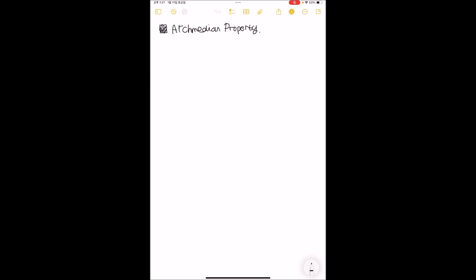Okay, the next part is the Archimedean property. We'll recall what the Archimedean property, so-called AP, is. That is one of the most important properties in the real number system.